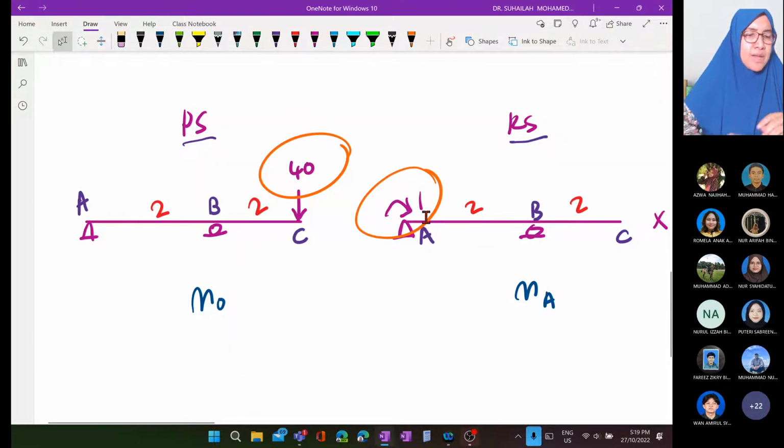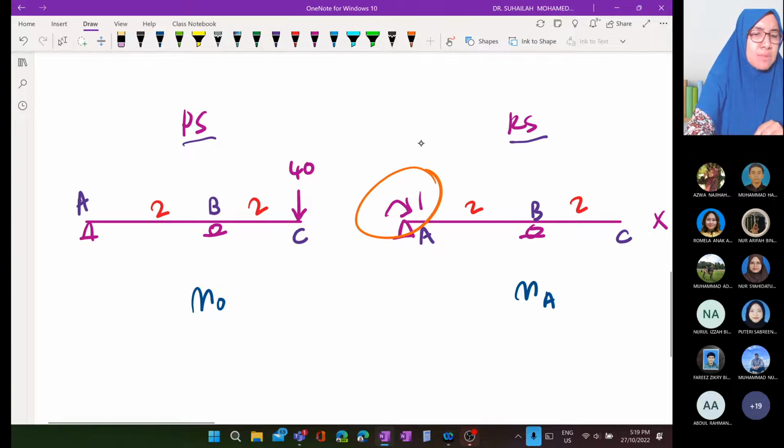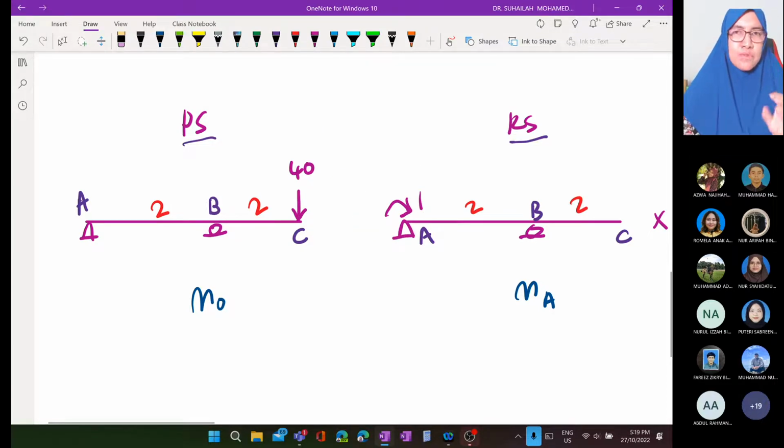Having these two systems, now we have to, number one, calculate the reaction. Number two, using the reaction, we write the moment equation. Number three, based on the moment equation, we calculate the displacement, and this displacement we substitute into this formula.